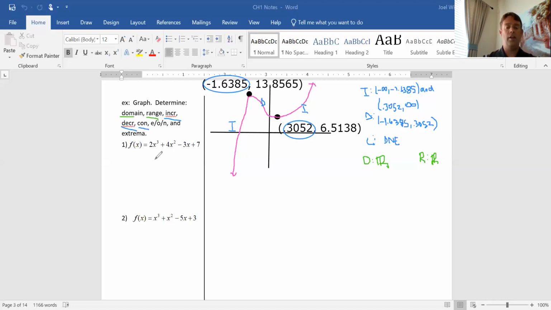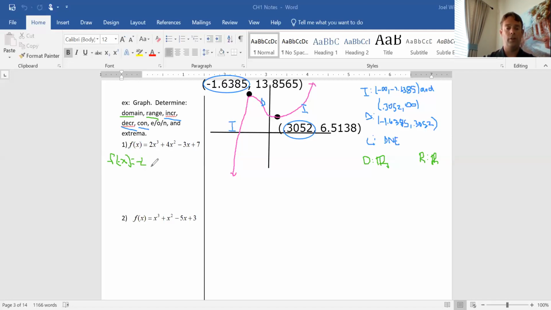Even, odd, and neither. That means if f of x is equal to f of negative x. So if I were to plug negative in for all those x's, you guys know how to do that now. So I'm going to abbreviate this a little bit.